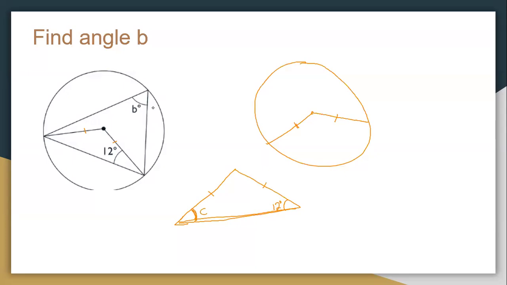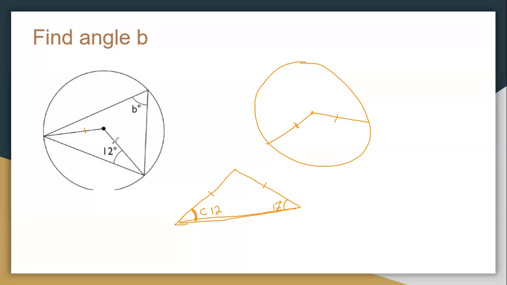What is the size of the angle C? The angle C is 12. Emma, Virginia, Favor, Diego, Joy, Samsung, Christian, yes. That angle is 12. For any isosceles triangle, the base angles are equal.